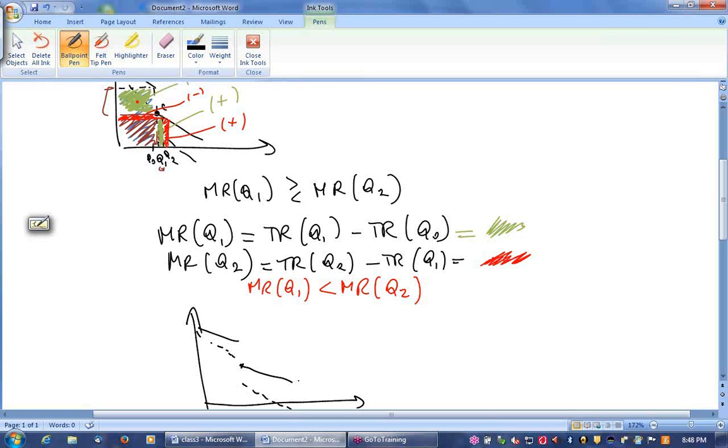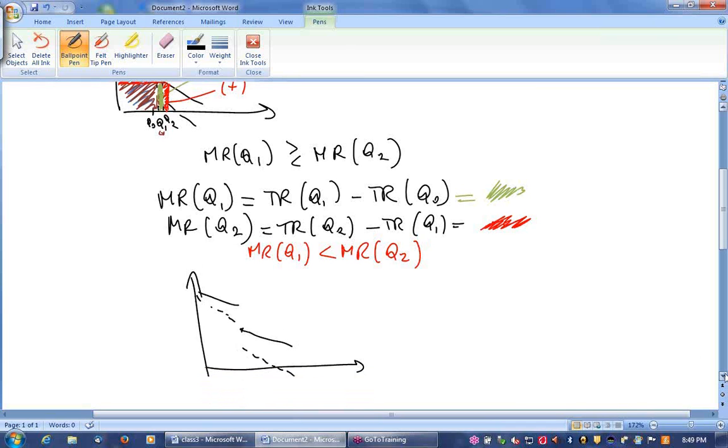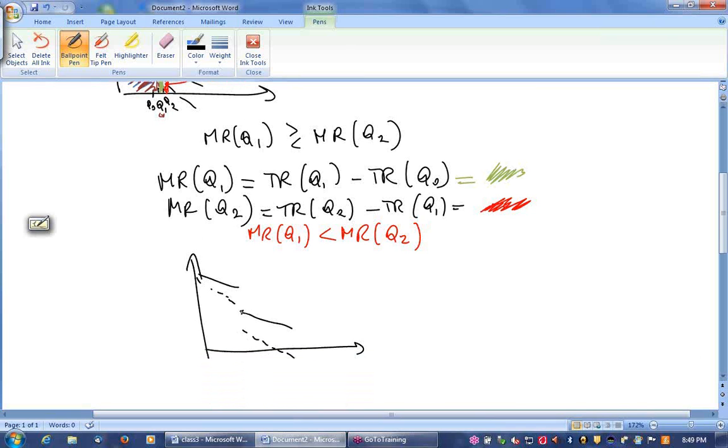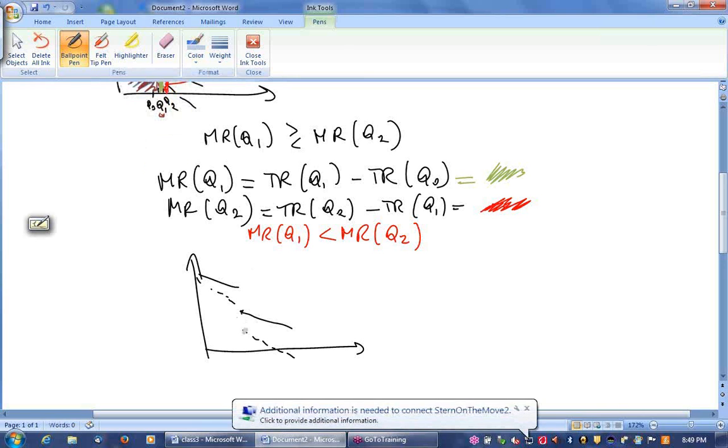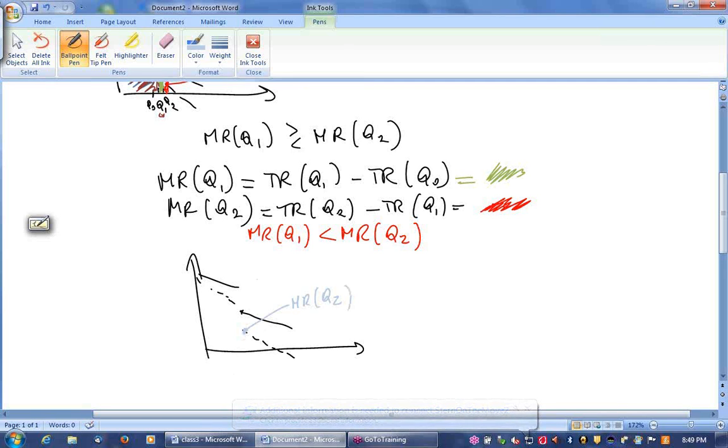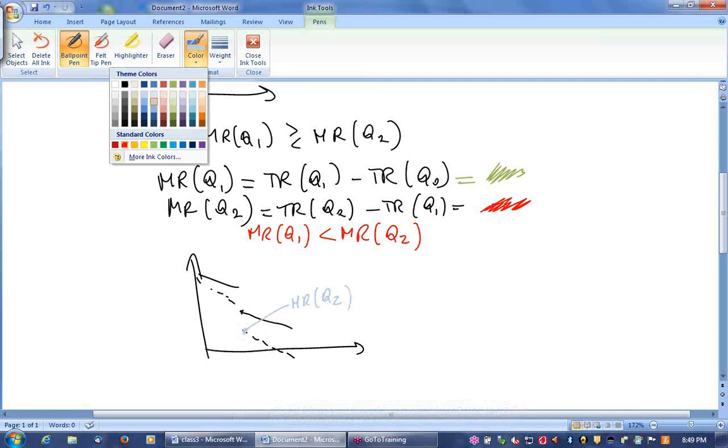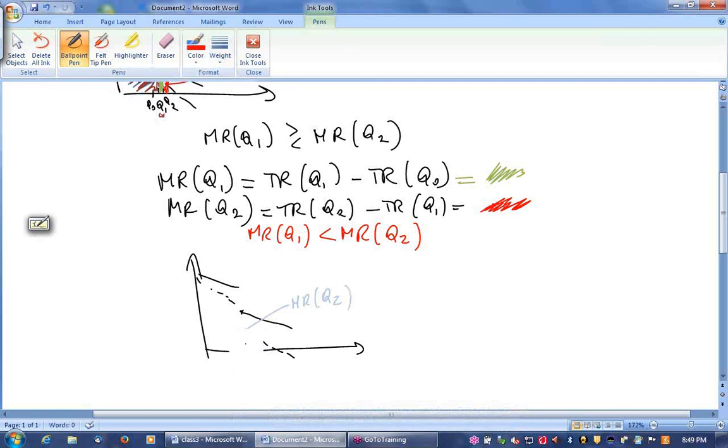And now at point C, the marginal revenue must be smaller than this point here. Okay, so this is the marginal revenue from Q2 basically, and we know that the marginal revenue from Q1 is smaller than it, right? So it will be somewhere here.